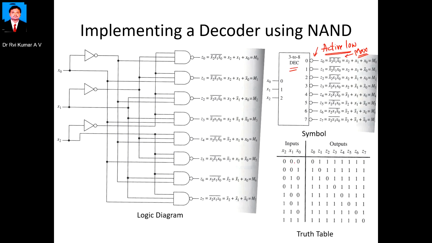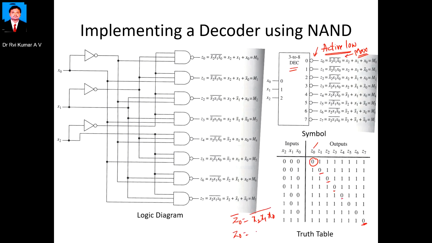Similarly, here is 000. It works with z0 as a max-term. For 001 it is z1, then 2, 3, like that I am getting the max-term decoded outputs. I can realize the expression for z0: z0 is in complemented form, so I can write it as z0 bar, that is 0, which I can write as x2 x1 x0 bar.